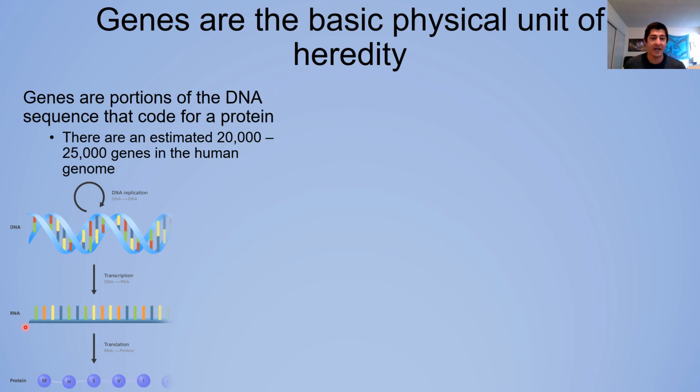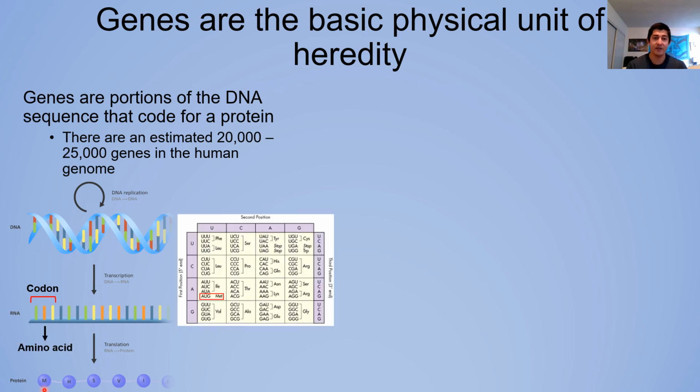And from that, there are these things called codons, which are groupings of 3 nucleotides that will encode for an amino acid that will get added to a chain which will eventually form a protein. And depending on the sequence of letters in that codon, that will tell you what amino acid is getting added.